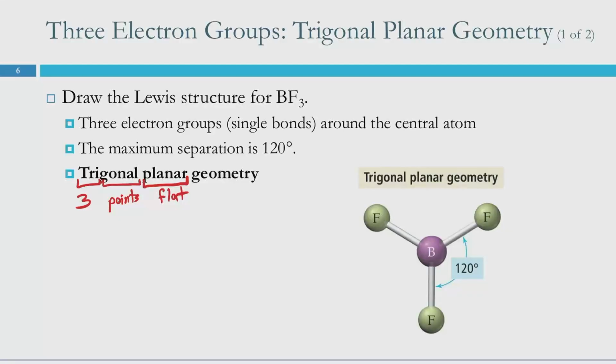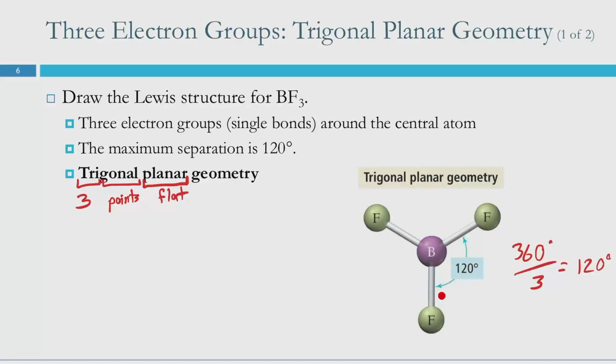So this is sort of like if somebody's doing the Y in YMCA when you're doing the dance. That's sort of the shape that we're looking at. And these 3 groups are as spread out as they can possibly be around this circle. It's because it's flat. And so it's 360 divided by 3, or about 120 degrees between each of our groups.